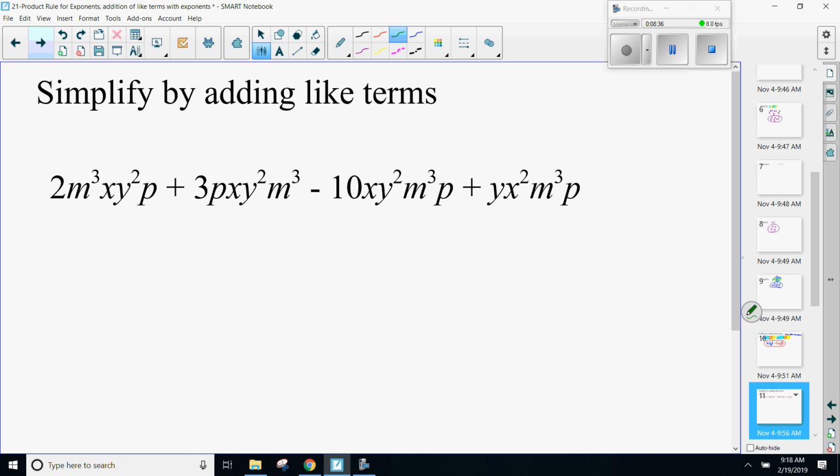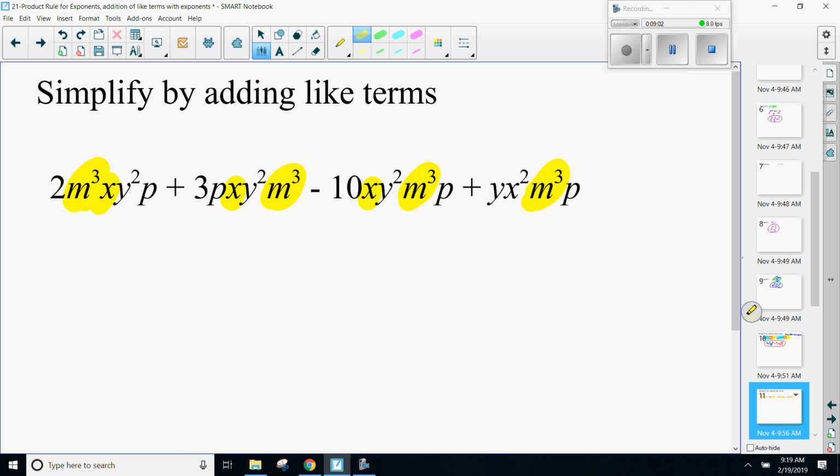So this one, we want to look at like terms. M to the 3rd, m to the 3rd, m to the 3rd, m to the 3rd. So far they all look the same. X, x, x to the 1st.